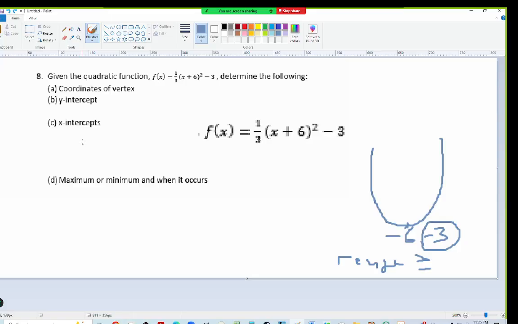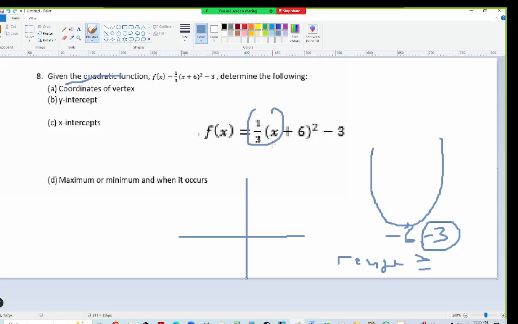So the y-intercepts we can only figure out from when x is, what is the value? So I'll do a Cartesian graph. What is the value of x on any spot of the y? 0. Right. So if I put a 0 in here, what's 0 plus 6? 6. What's 6 squared? 6 times 6? 36.